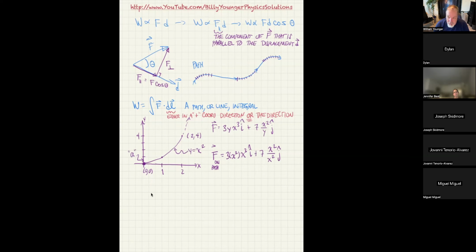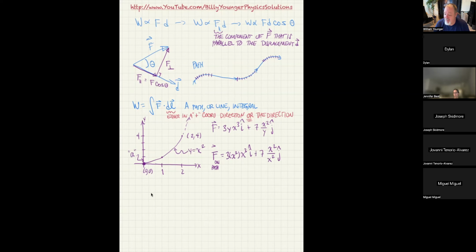Now, just to make sure you understand that there's really no way of getting this one wrong, if I instead decided to indicate my direction with the dL, I would call that positive dx i hat. And then I would let my limits of integration go from x equals 0 to x equals 2. See, it's the exact same direction in both cases.